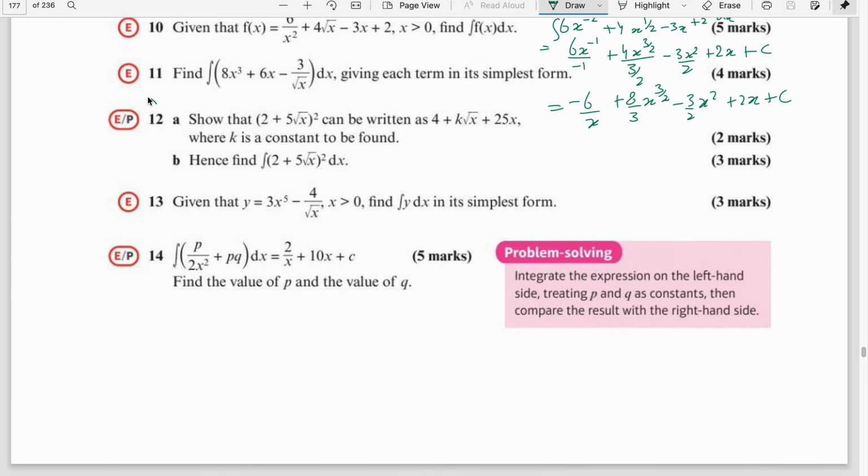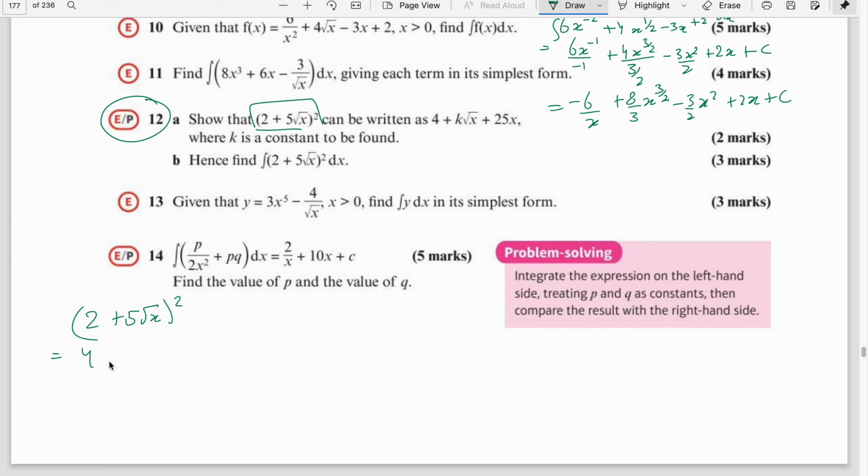Let's try question number 12. It's a little different, and find k. It says show that this can be written as this, where k is a constant to be found. So this is 2 plus 5 square root x whole square.